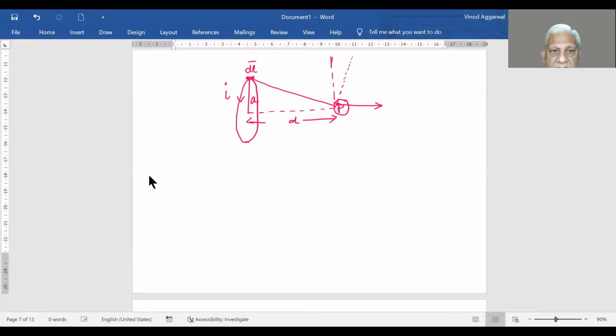Similarly, if we take an element just opposite to it, what will happen? This again will have a field perpendicular to it, and we can again resolve it into two components.